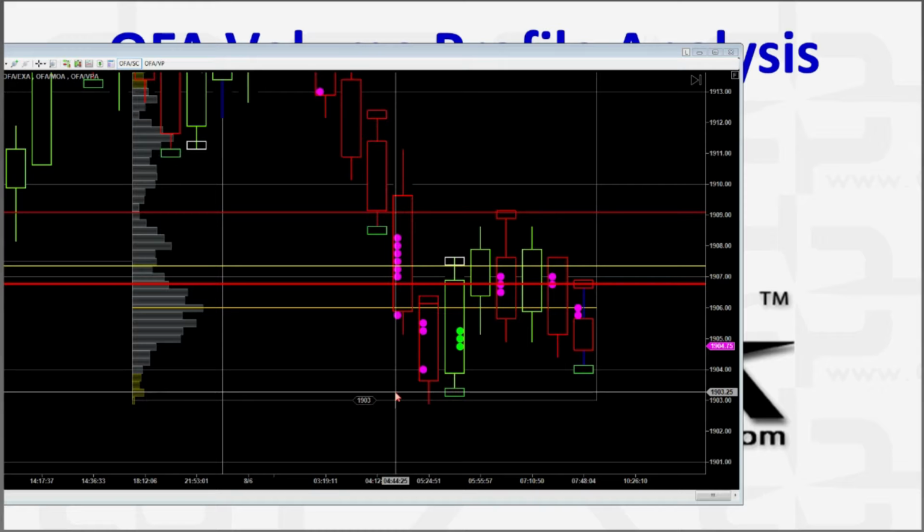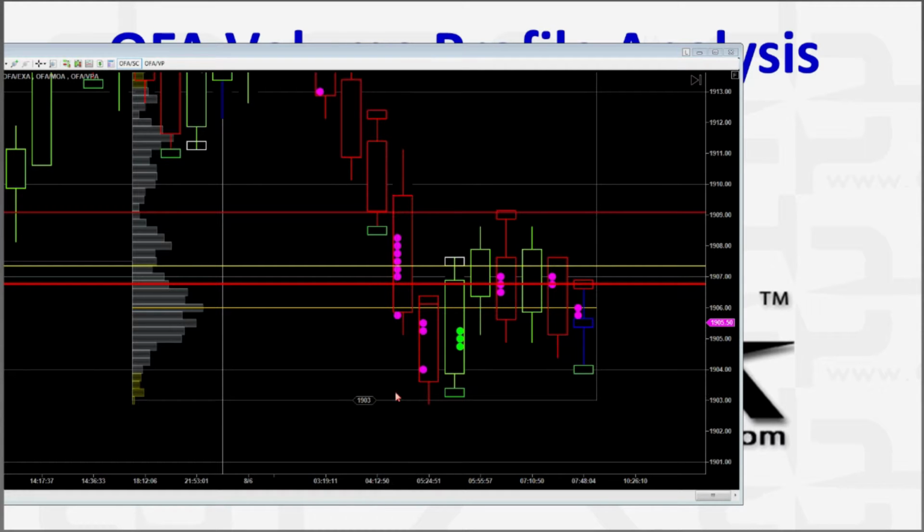Again, what it doesn't mean is that price won't continue to go lower, but until that changes, there is a significant participant here that believes that there's value higher. So at or sometime after the open, if price does test back down to this level, I'm going to be very, very interested in seeing what happens at the print right around this area.